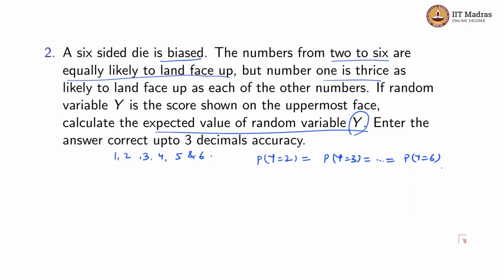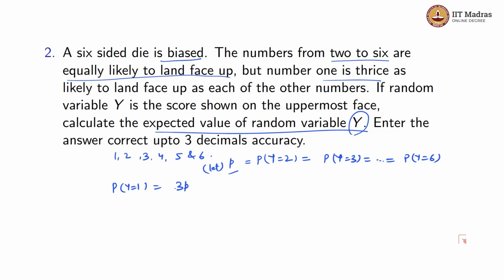So this value we have the same, this is given, and the other information which is given to us is that the number 1 is thrice as likely to land face up as each of the other numbers. So if we assume this probability as, let's say, p, okay, we assume this as p, so the probability that it will take value 1 will be 3p.